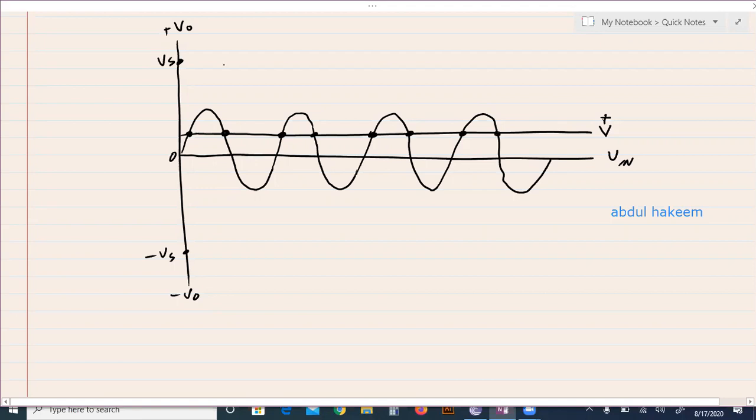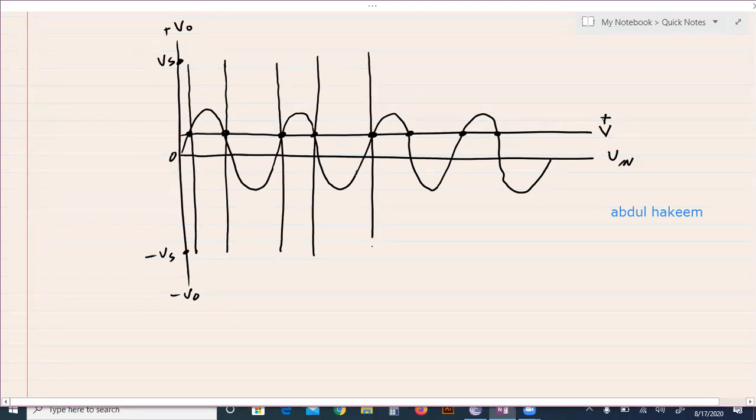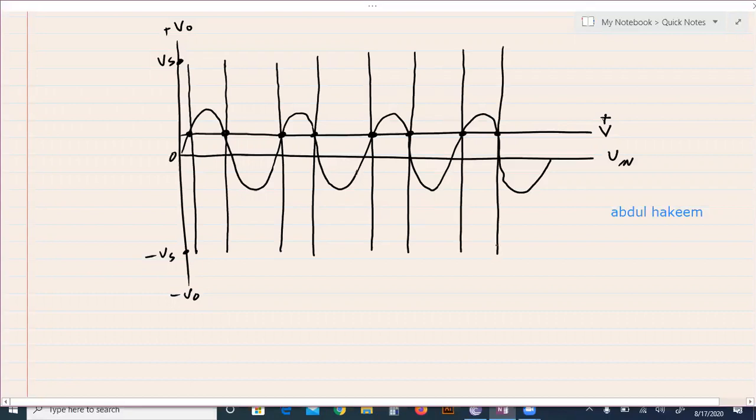So we will draw vertical bars here, but the height of the bar must be equal to supply on both sides. Similarly here, next, we have to draw a bar exactly at the equal voltage point. And the size of each bar must be equal to supply on both sides, okay?